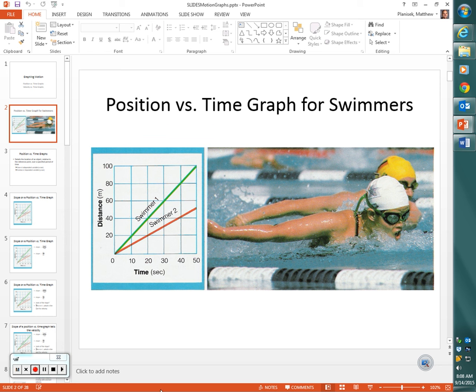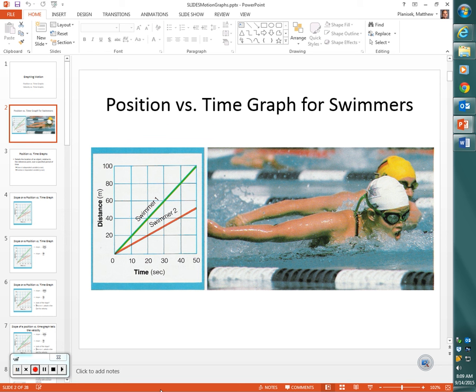It can tell us displacement, which is the difference between where it ended versus where it started. It can tell us distance, which is the total length of the path. And then it can tell us velocity, which is the slope of that graph.